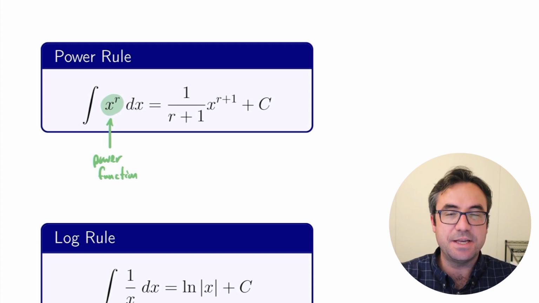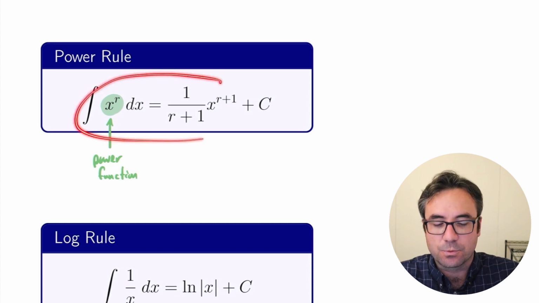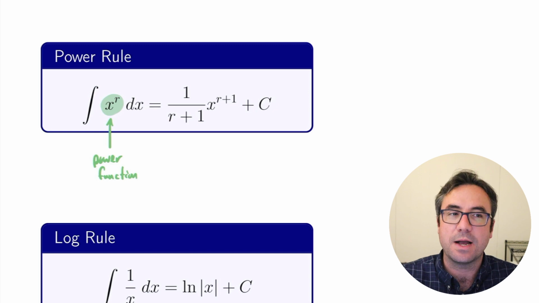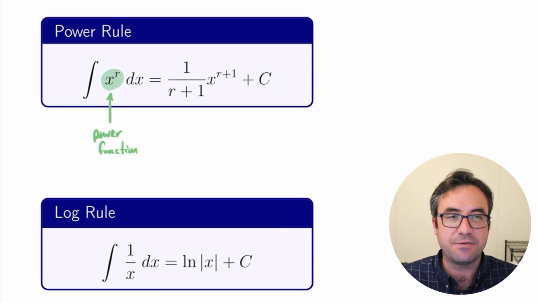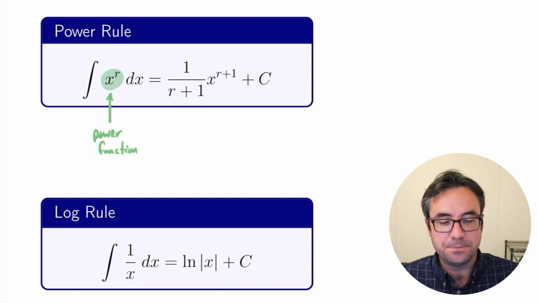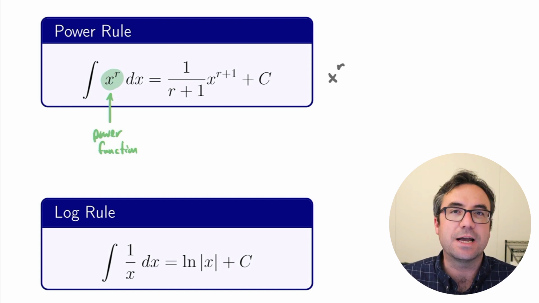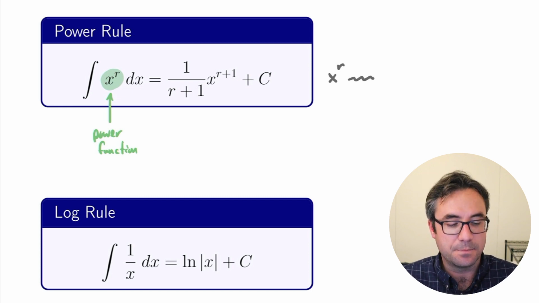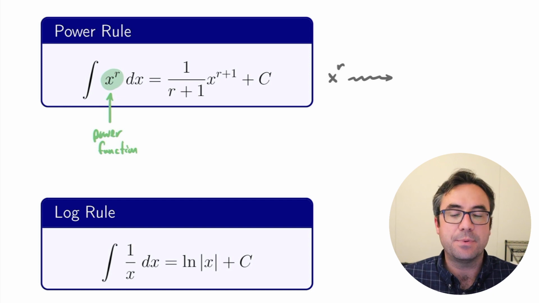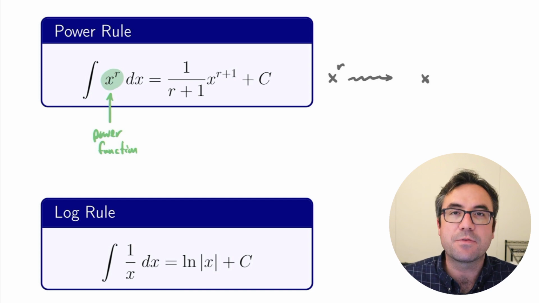All right, so let's see how this thing works. Once you get the hang of this, you're not going to really memorize what this rule says. You're going to think of it more like a process. So the first step when we do the power rule for integration, let's write down our function, x raised to the power r. The first step is we're going to keep our variable the same.